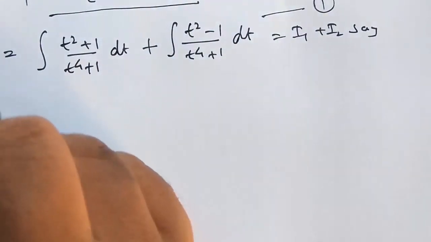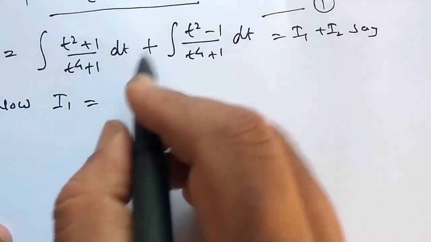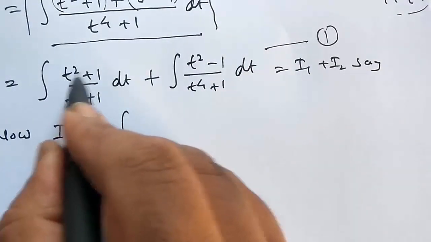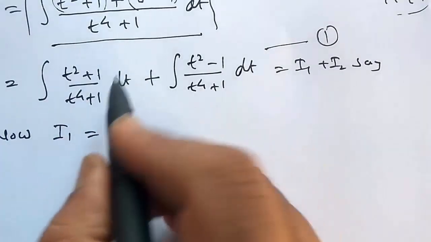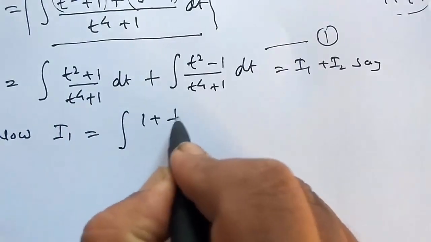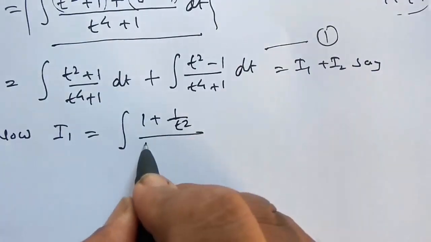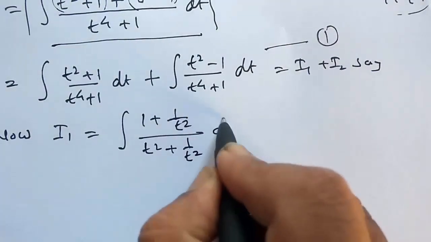Now I1 is equal to integration of t square plus 1 upon t raised to 4 plus 1. We divide by t square. It is 1 plus 1 upon t square upon, dividing by t square, t square plus 1 upon t square dt.